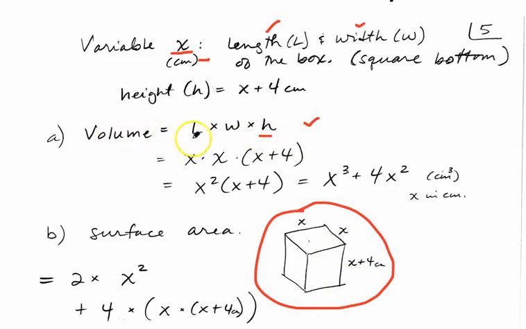So volume, length times width times height. Length is x, width is x, height is x plus 4. And so we end up with x squared times x plus 4. If we multiply it out, we would have x to the third plus 4x squared, just keeping in mind this is centimeters.